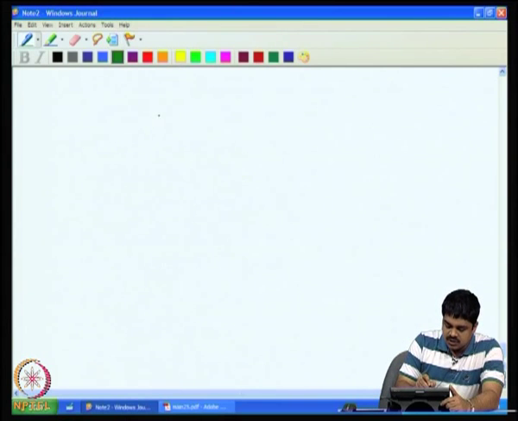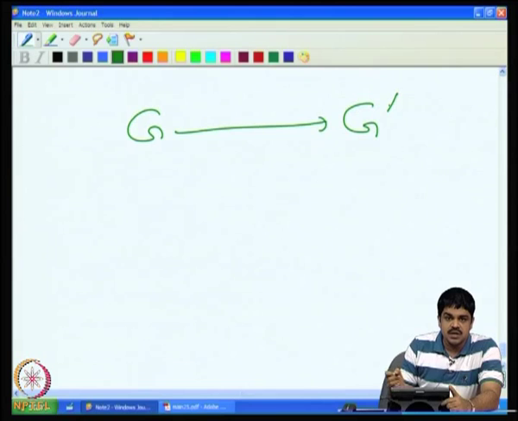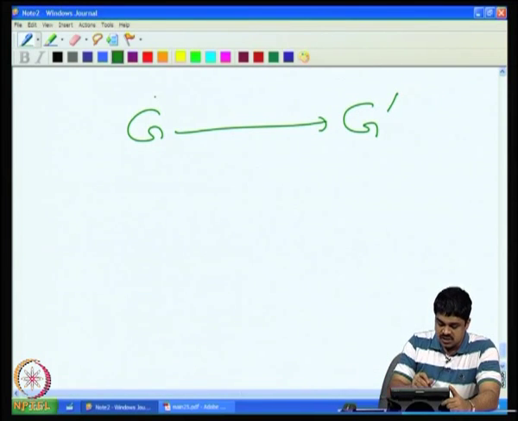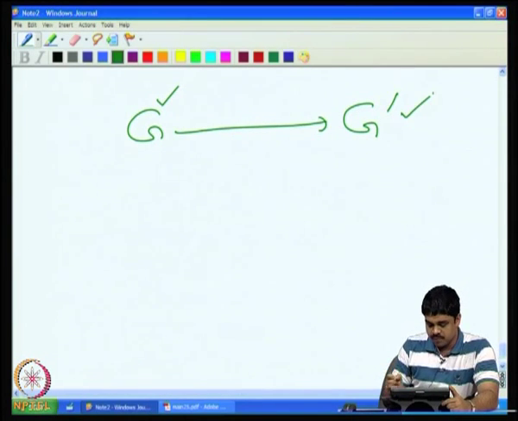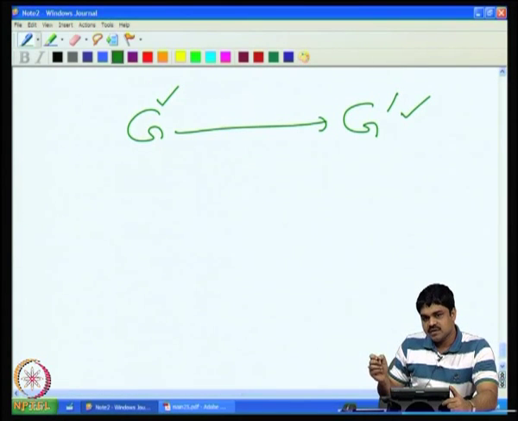So, we can call it G dash. From G we obtained G dash. Since G is perfect, G dash is also perfect, because the way we obtain G dash is by expanding vertex after vertex, several times sometimes.